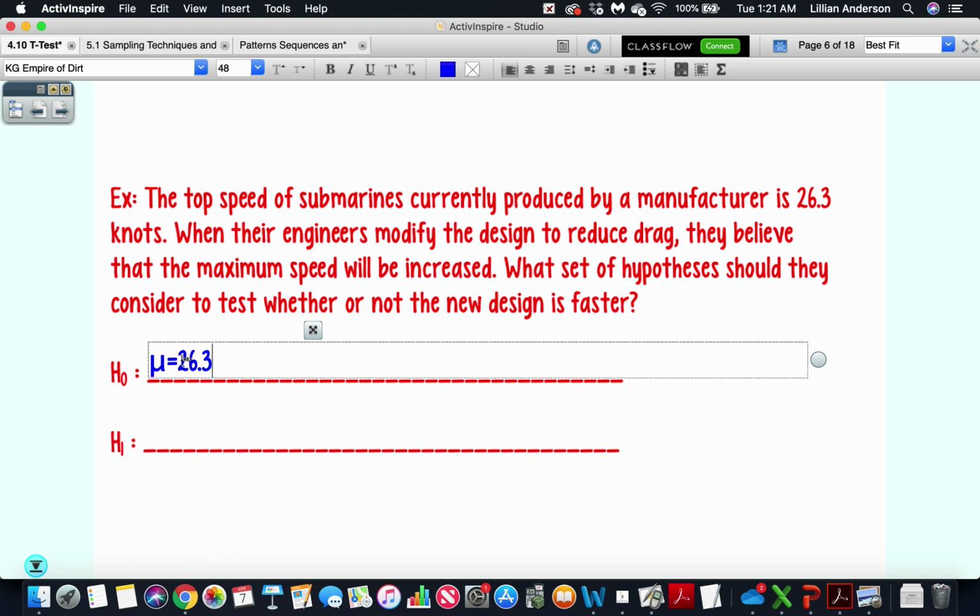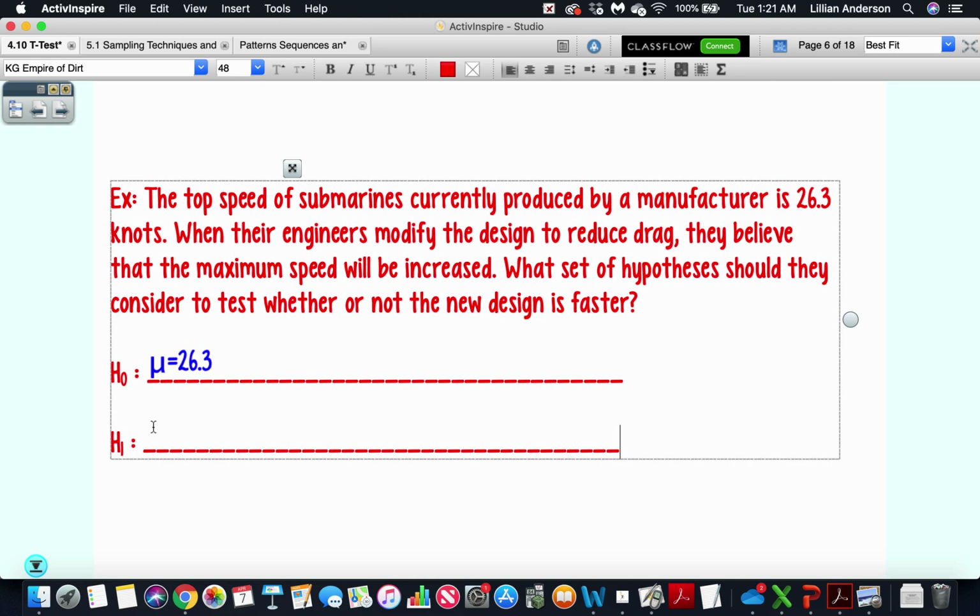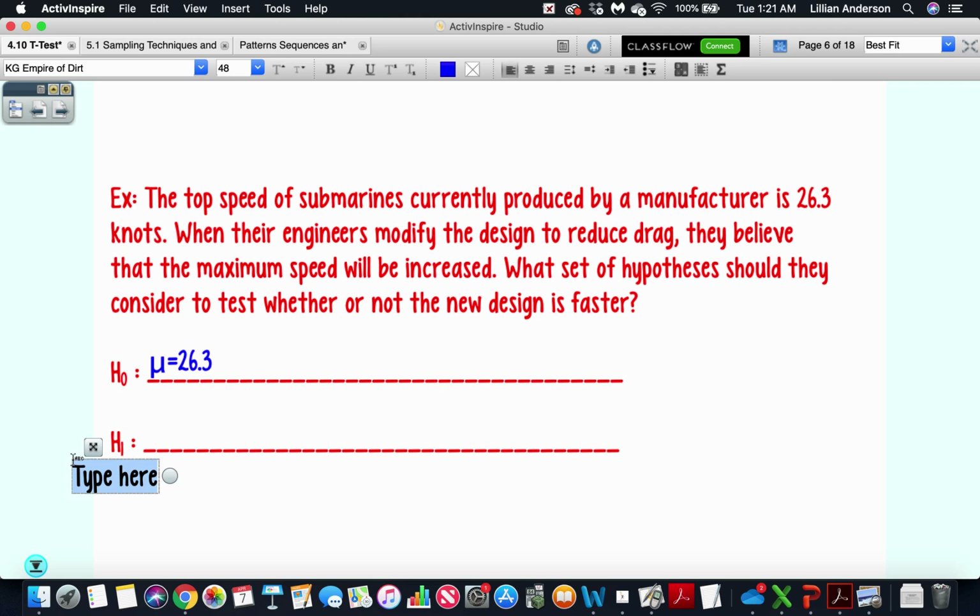Okay, and then our alternative hypothesis would be based off of what our problem has given us here. So when we go back and reread it, it says when the engineers modified the design to reduce drag, they believe that the maximum speed will be increased. That is your key term. Increase would be which symbol?